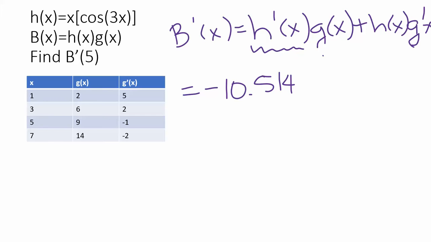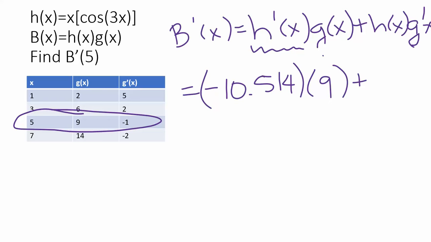So here we're at the table. When x was 5, g of x was 9. Plus, now we need h of x times g prime of x. We haven't found h of x yet, and it's not on the table.